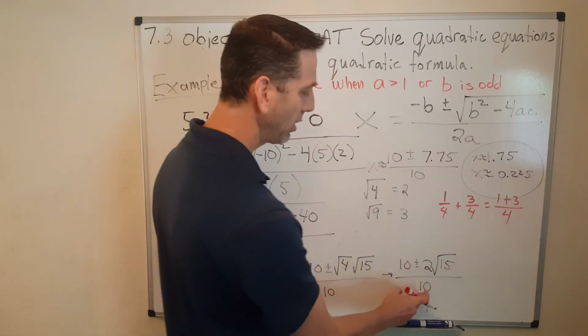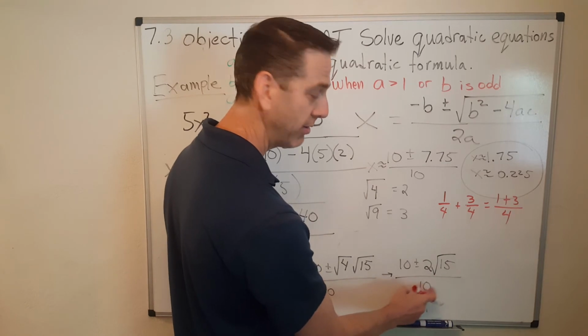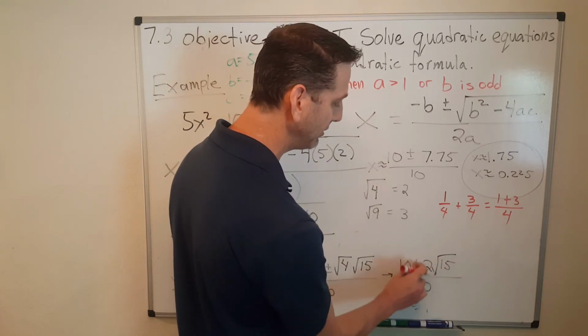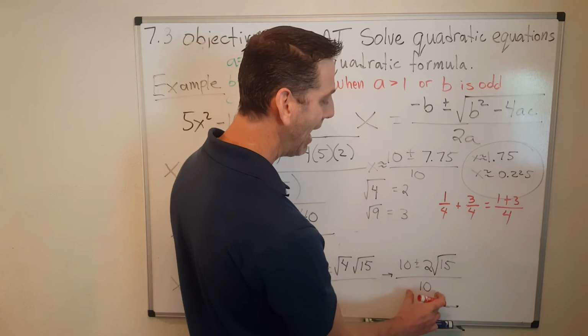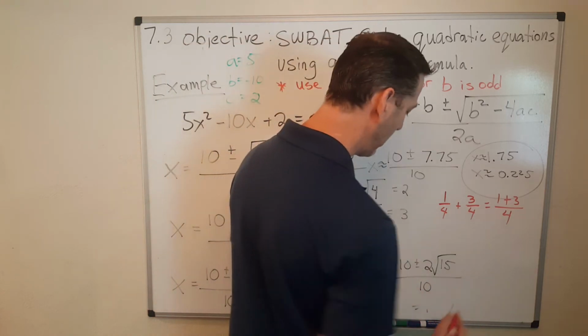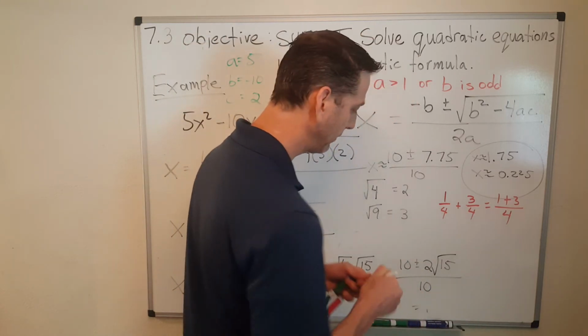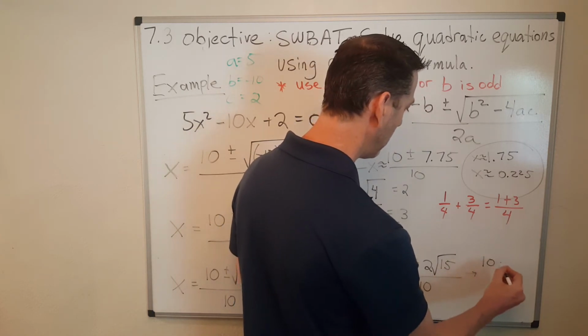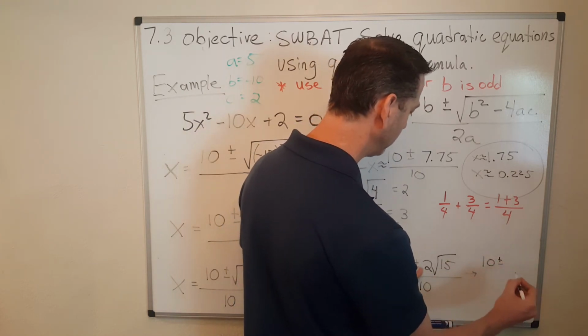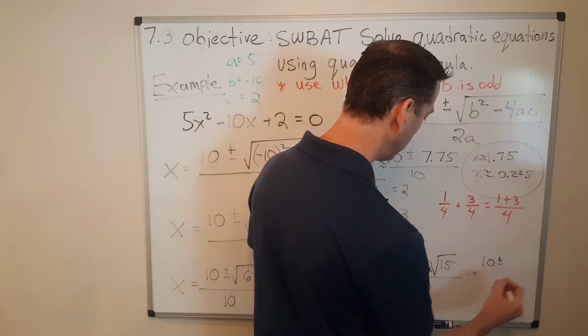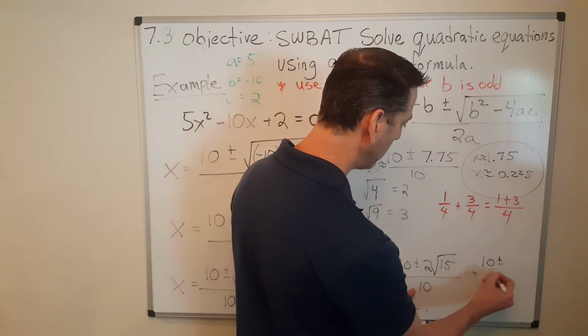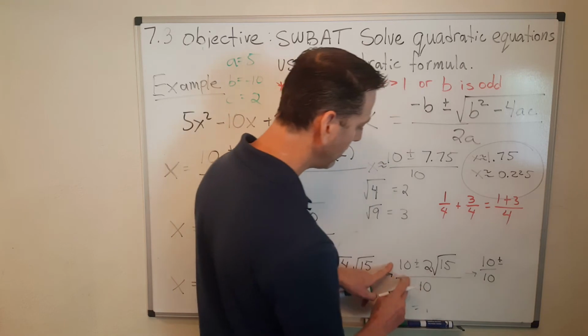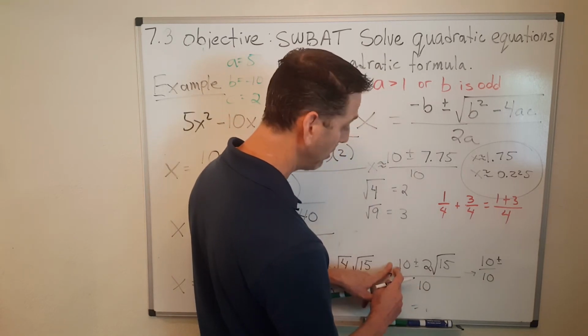Well, if you look, I have the same denominator for both of these, right? This is just addition or subtraction. I can go ahead and split that thing up like this. I can show this as 10 over 10, because this 10 is underneath this 10, correct?